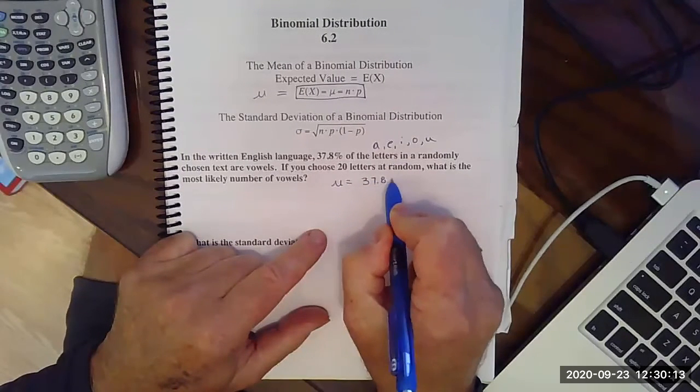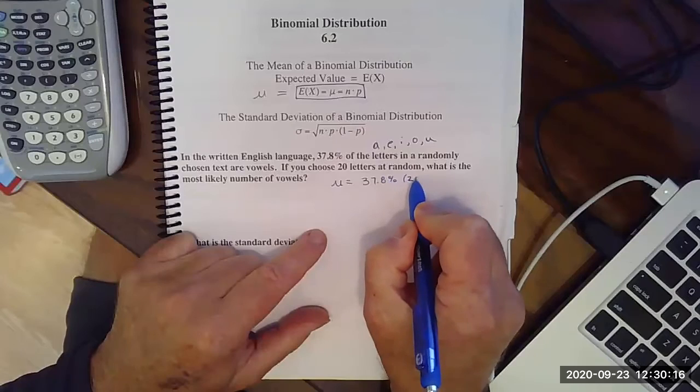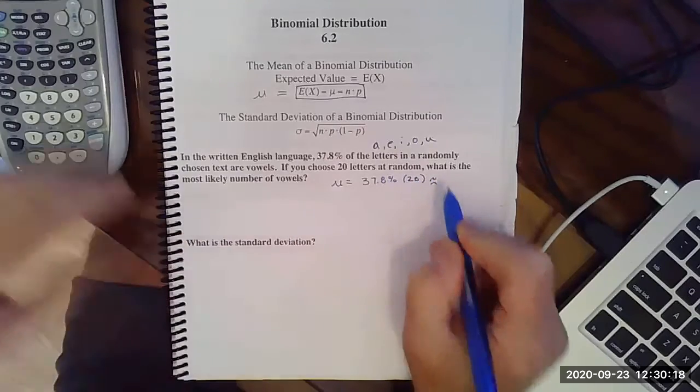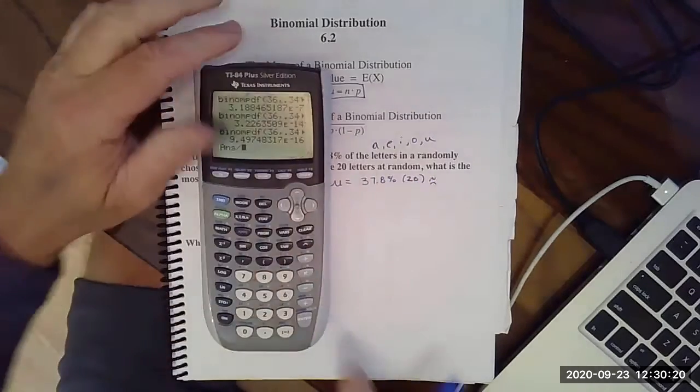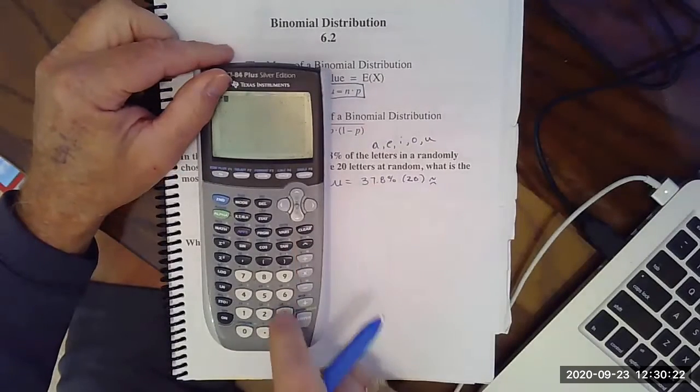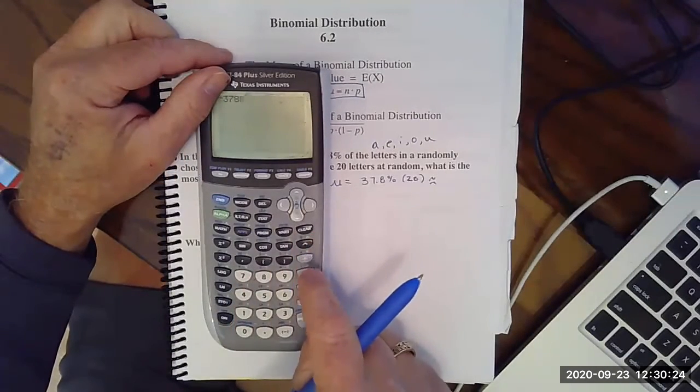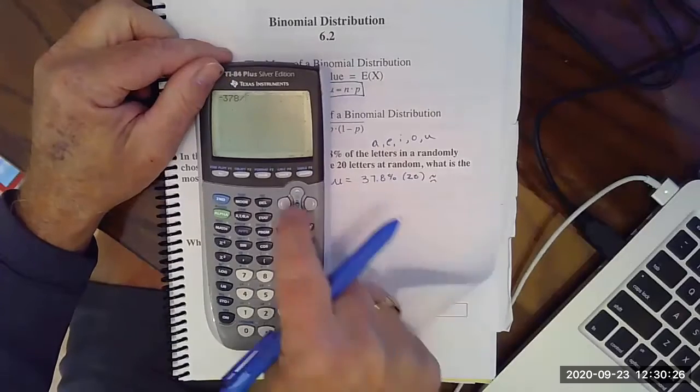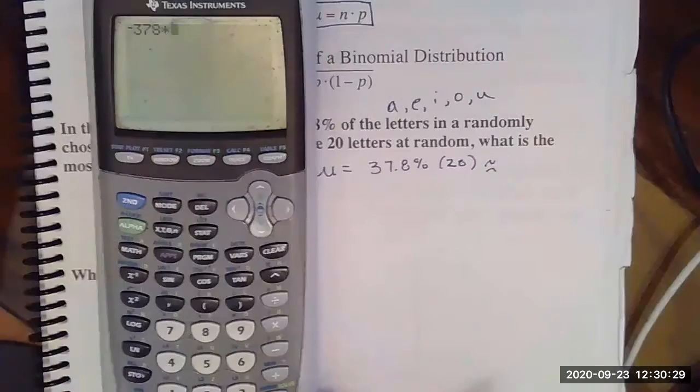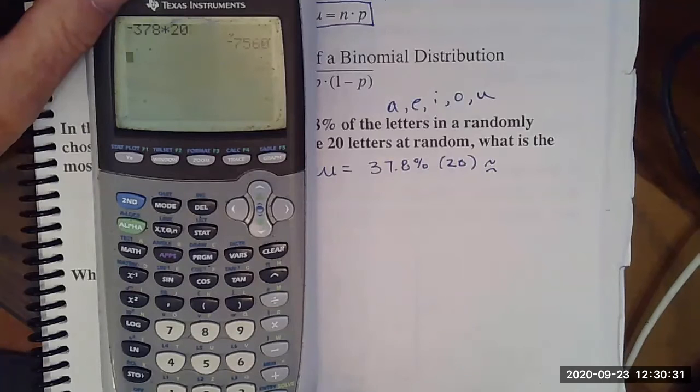37.8% of the 20. Approximately. If I go like this, the decimal is 0.378 times, not divide, times 20.